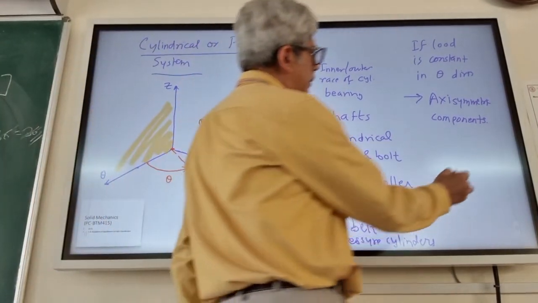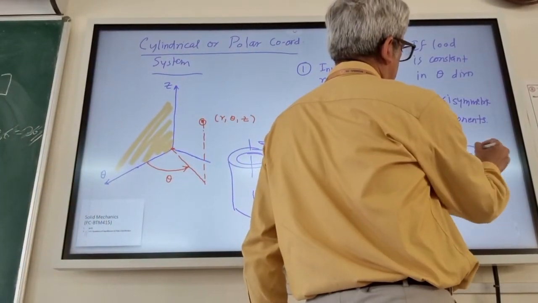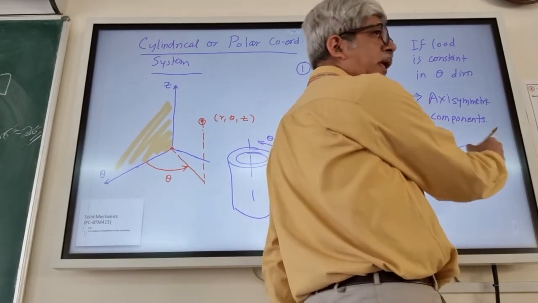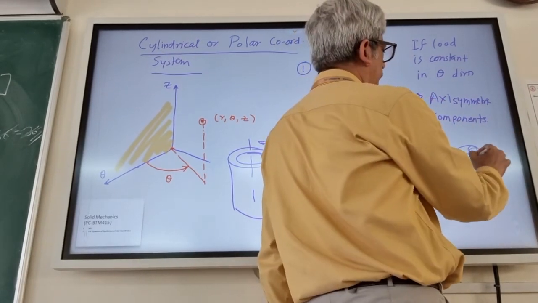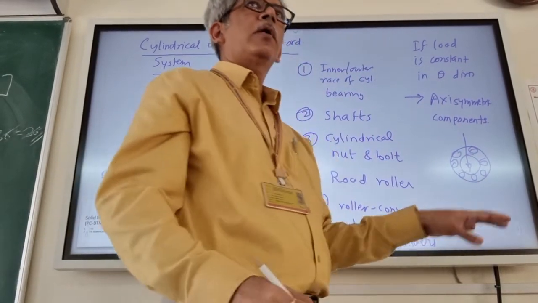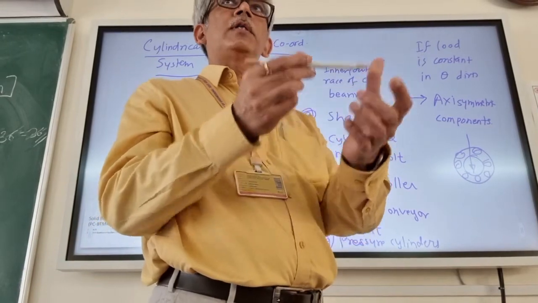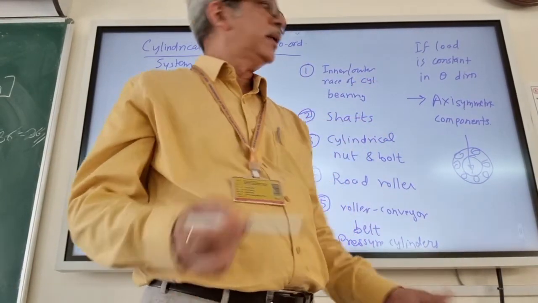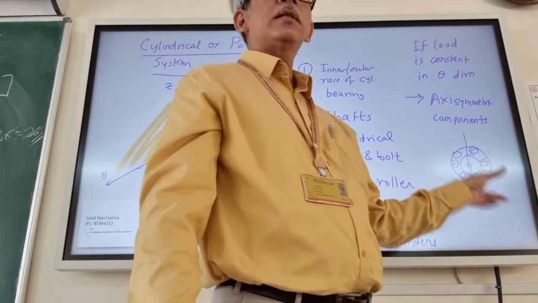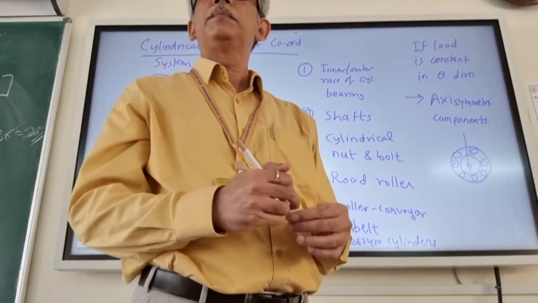You have the bearing, and we are talking about only the inner race, which has circular symmetry, and there is a shaft on which some reaction is going to act. There is some weight of the shaft acting on the bearing. That is the loading condition.